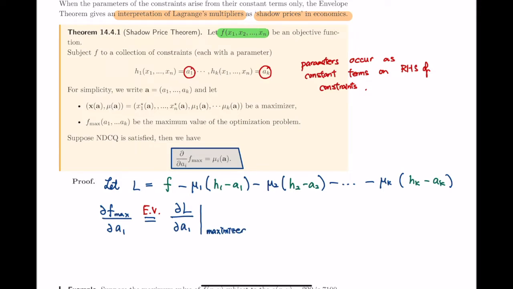Okay? But where is a1? Well, look at the Lagrangian. a1 is here. So when you differentiate with respect to a1, this becomes 1. So you get minus mu1 times minus 1, so you get mu1.